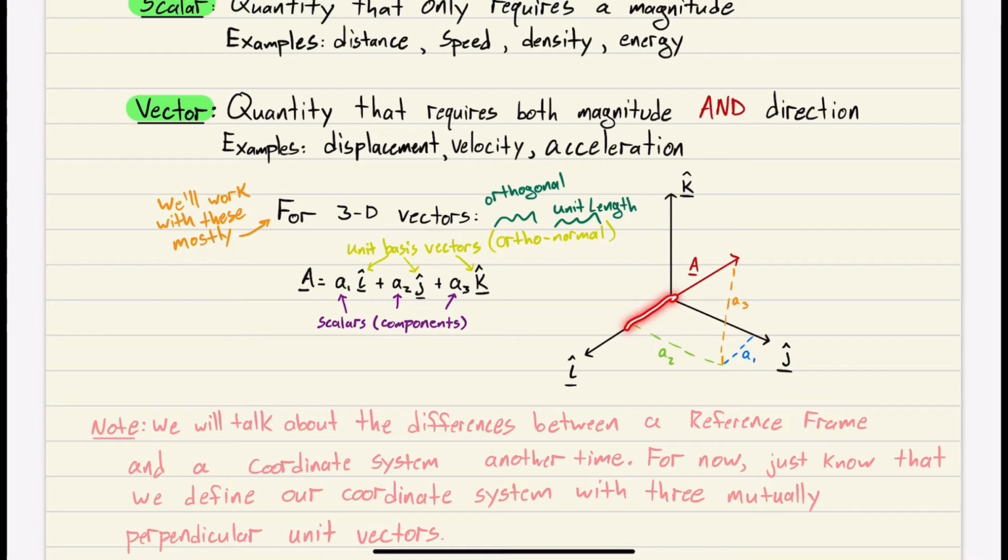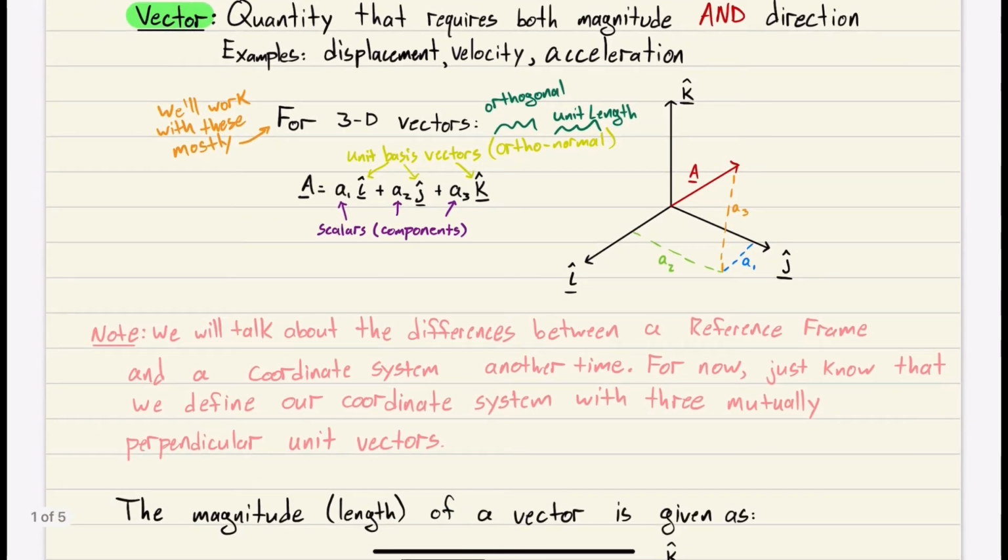You can see if we follow that path we just did, we get to the tip of vector A, and we've defined our vector A. So note, we'll talk about the differences between a reference frame and a coordinate system another time. Just know that we define our coordinate system with 3 mutually perpendicular unit vectors.